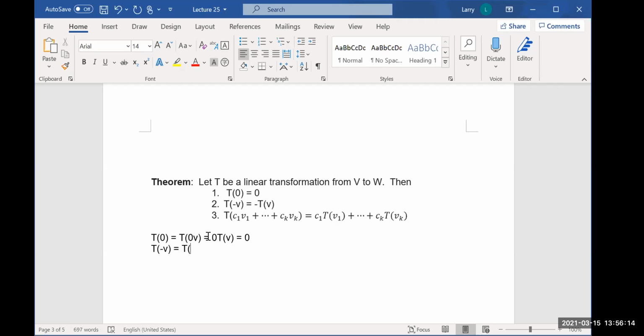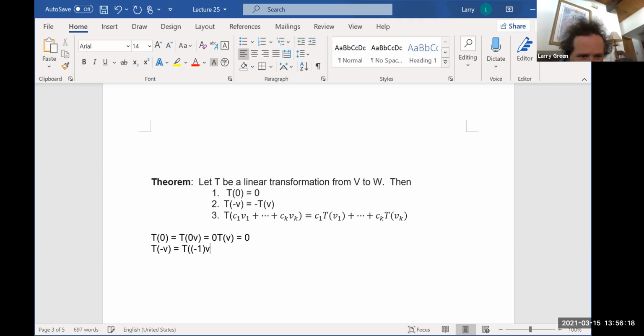Negative 1v. Right? We had a theorem that that's true, by the way. I know it's just obviously true, but it really was a theorem. That's equal to negative 1 times T of v. And we had a theorem that negative 1 times T of v is negative T of v. That's the whole proof. Any questions on that?